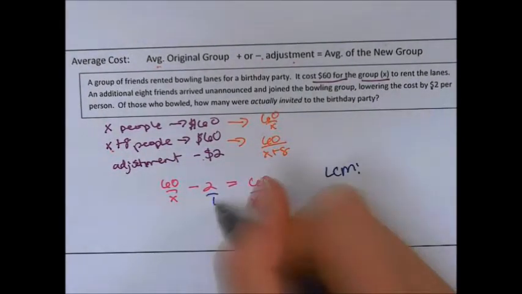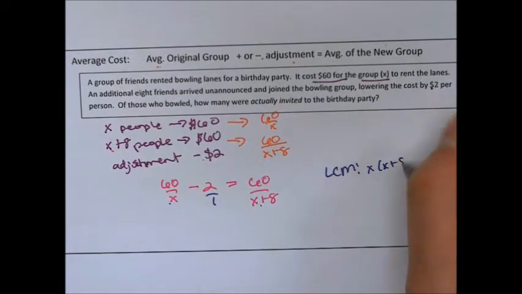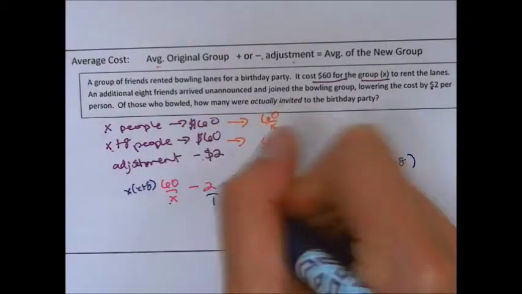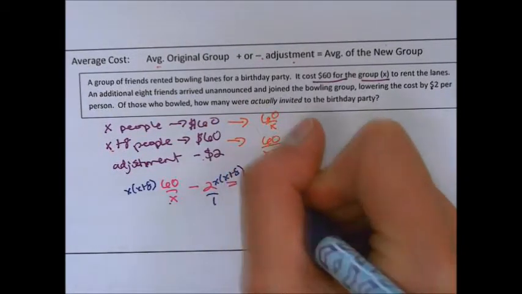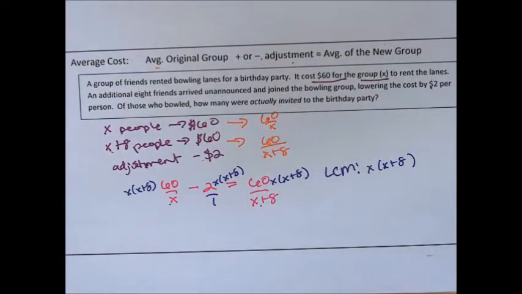Here, LCM, I need an X, and I need an X plus 8. We're going to multiply that by every fraction. Go ahead and pause the video so that you can continue on and try to solve from here.